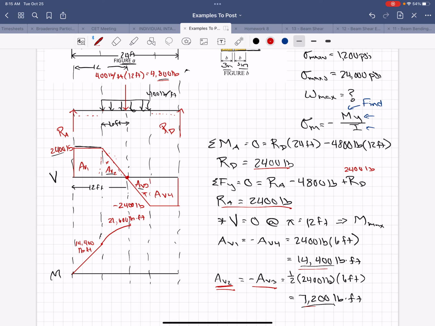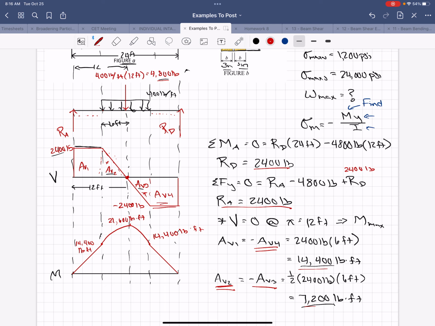So we go down back to 14,400 pound-feet. And then our last shear area was this AV4, which is a straight line. So we'll have a linear sloped line bringing us back down to 0.